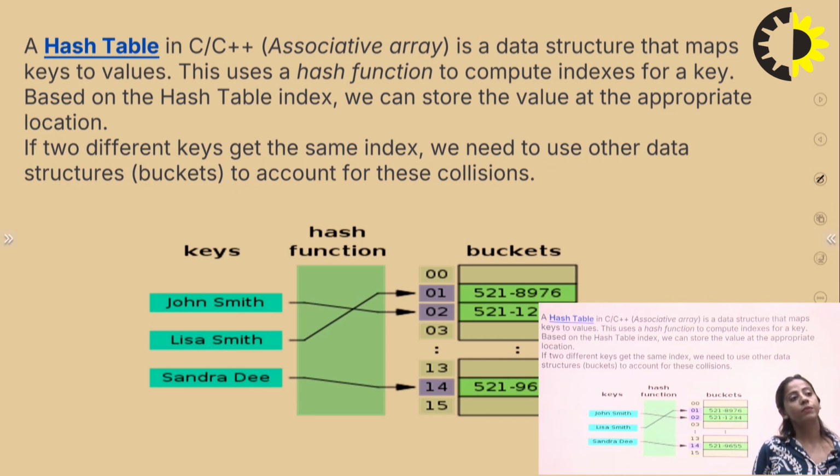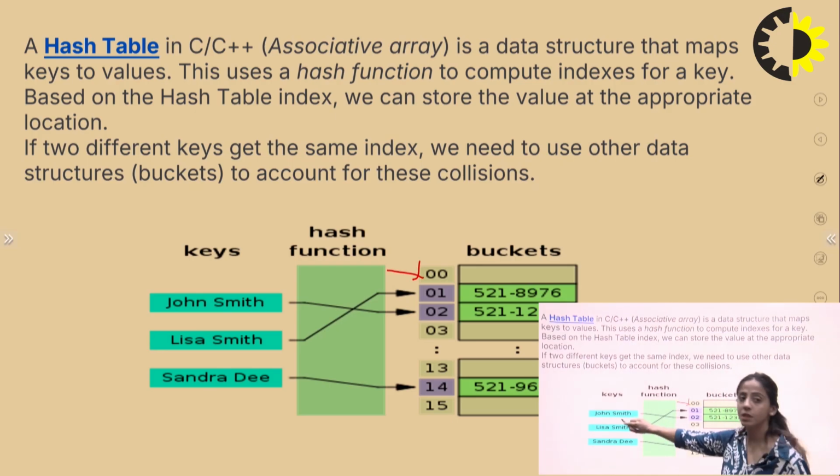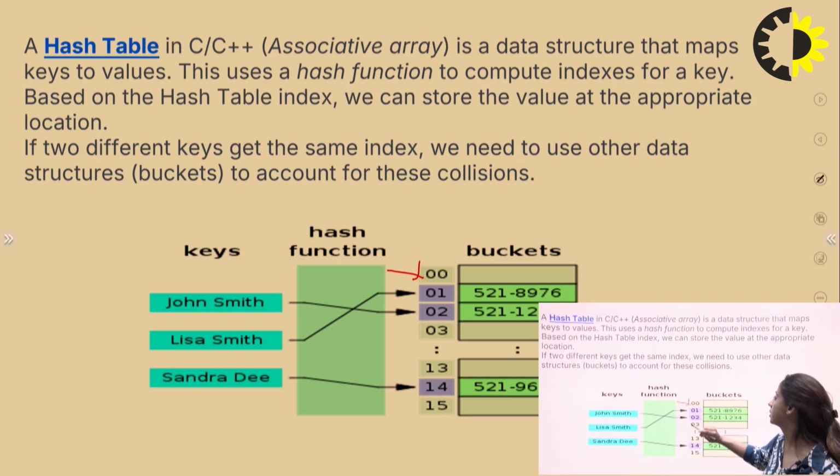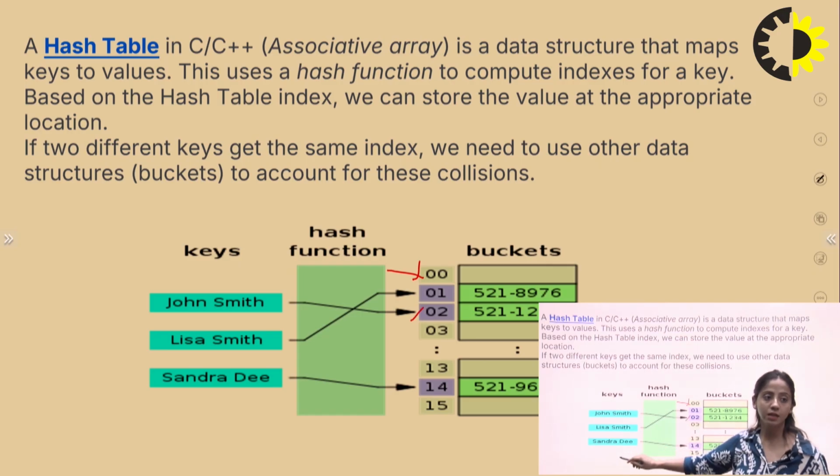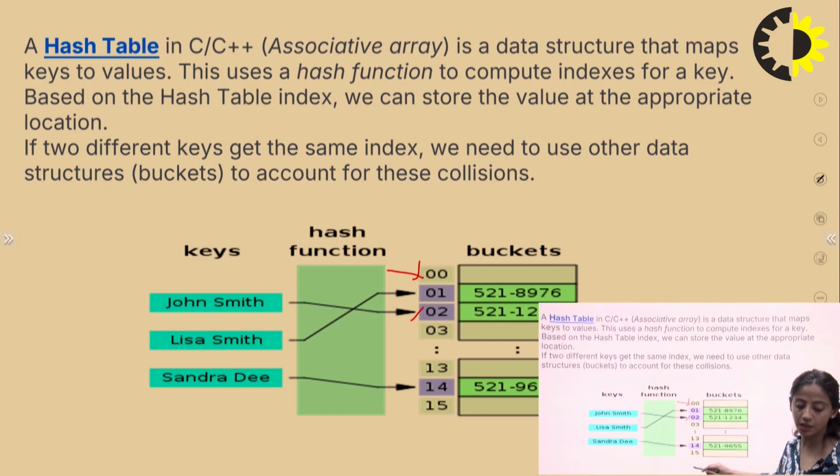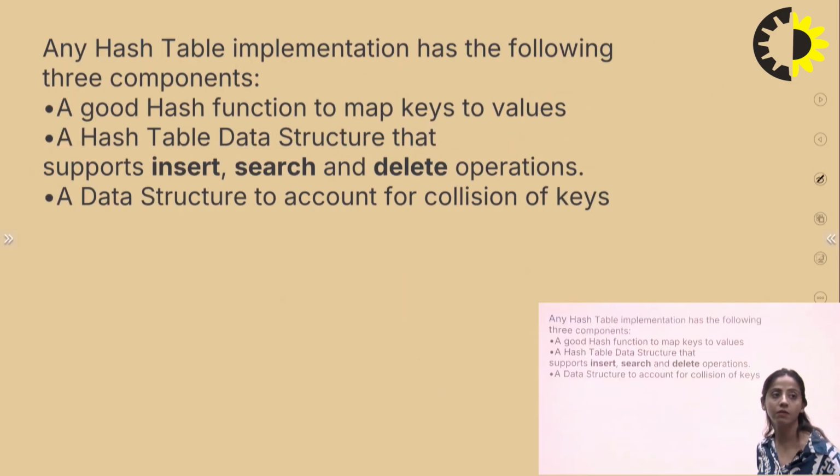For example, John Smith is stored at the hash after applying the hash function. These are the generated hash indexes. John Smith is stored at index 1, Lisa Smith is stored at 1, another entry is stored at 2, and Sandra D is stored at 14. This is where the values are stored in buckets.